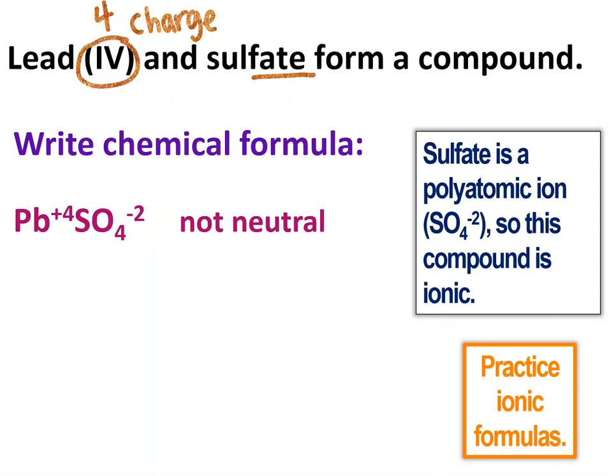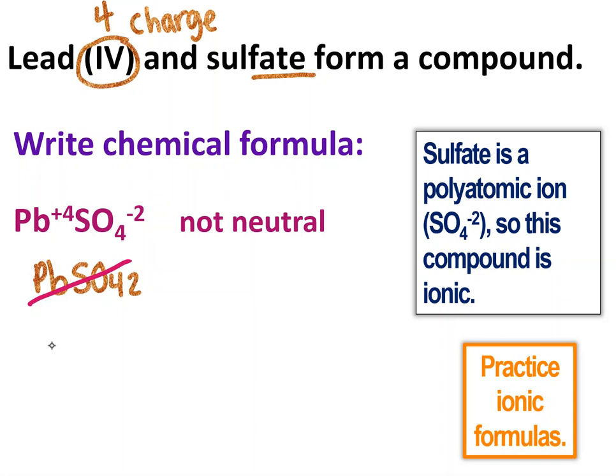So if I bring their charges down, I see right now it's not neutral. There are different ways that I could try to fix that. Let's see what's correct. So I may do this. I see that I need more of the -2, so I'm just going to put a 2 here. And that's obviously not right because I don't need 42 oxygens.